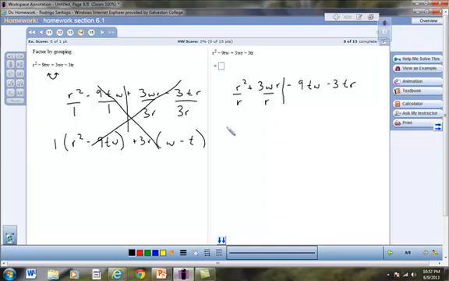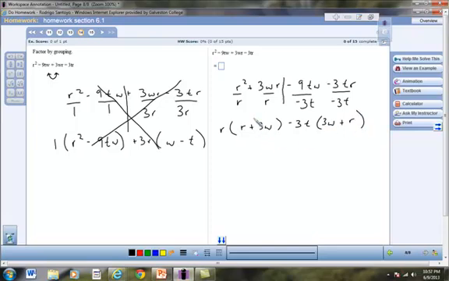We see these both have a GCF of r. The first part, we pulled that out, we're just left with r plus 3w. Here, they're both negative, so I'm going to pull out a negative 3t. And once I divide there, I get a positive w, and a positive 3w and a positive r.